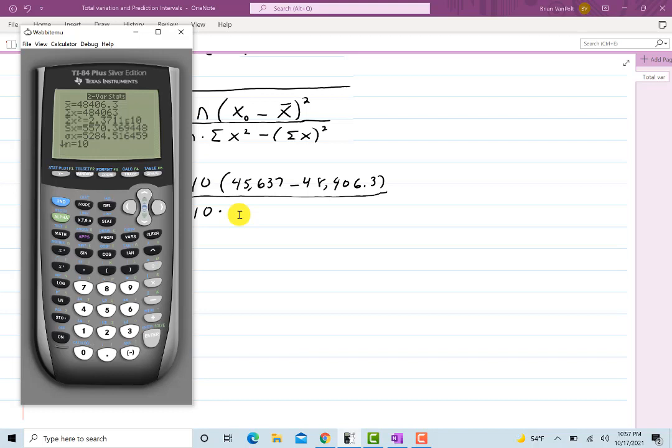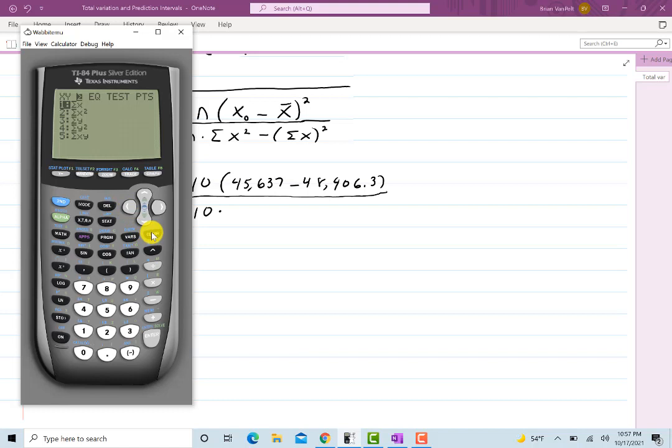So instead, what I'm going to do is this. I can grab this exact answer by going to vars, and then I go to 5 for statistics, and then I go to these sigma ones, and there, see it there? Number 2.